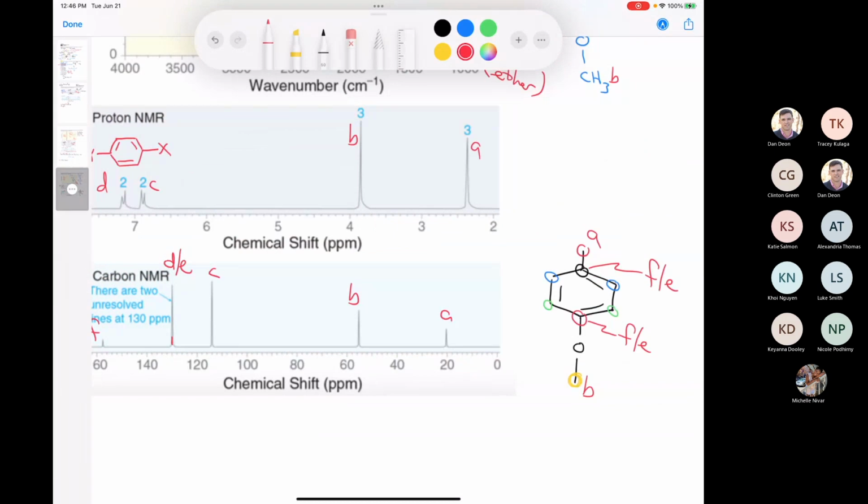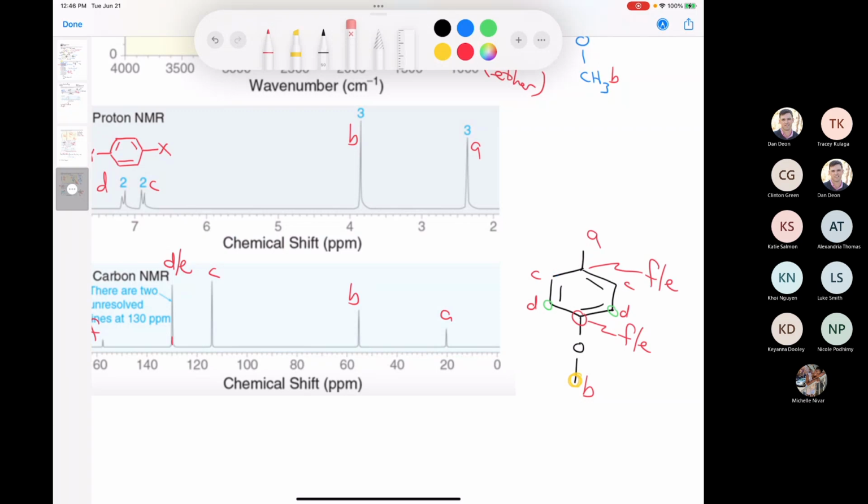So which one is F and which one is E? I'm not 100% sure. Then D would be the ones closest to the oxygen because those are the most deshielded, and C would be further away from it, like that.